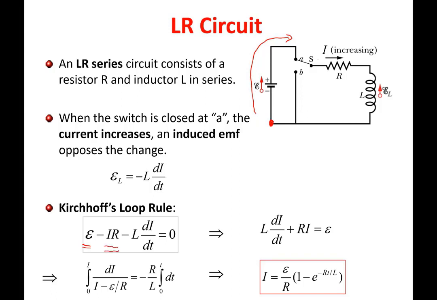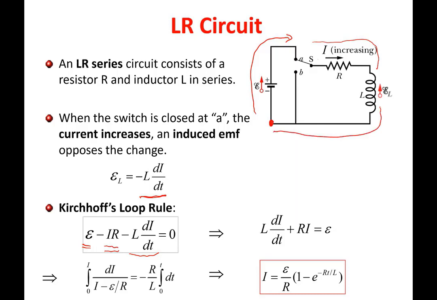And then we encounter another potential loss across the inductor, which is the induced EMF. The induced EMF is equal to L dI/dt, so we subtract a potential loss of L dI/dt as we step over the inductor. And then we're back to our starting point again.